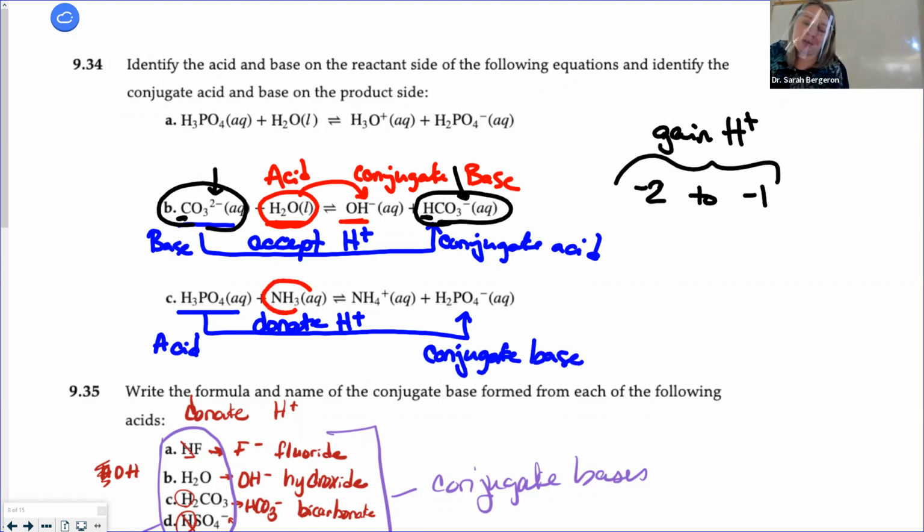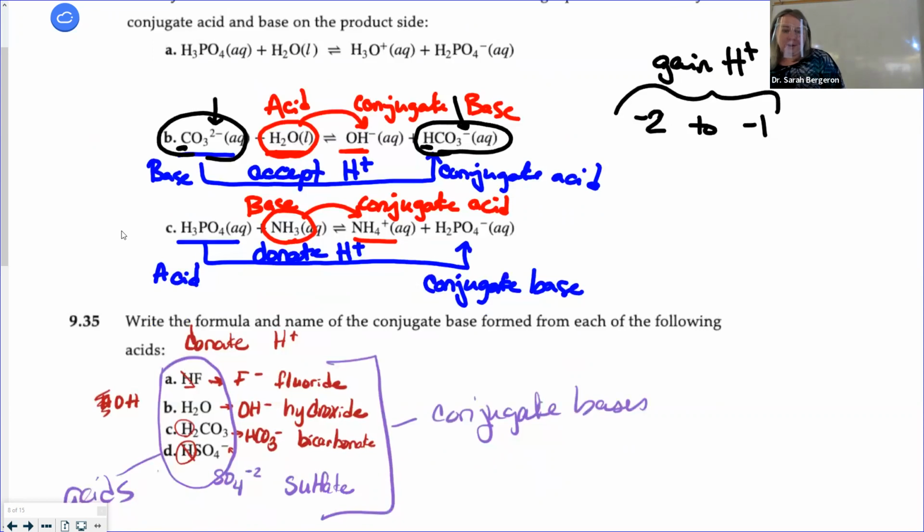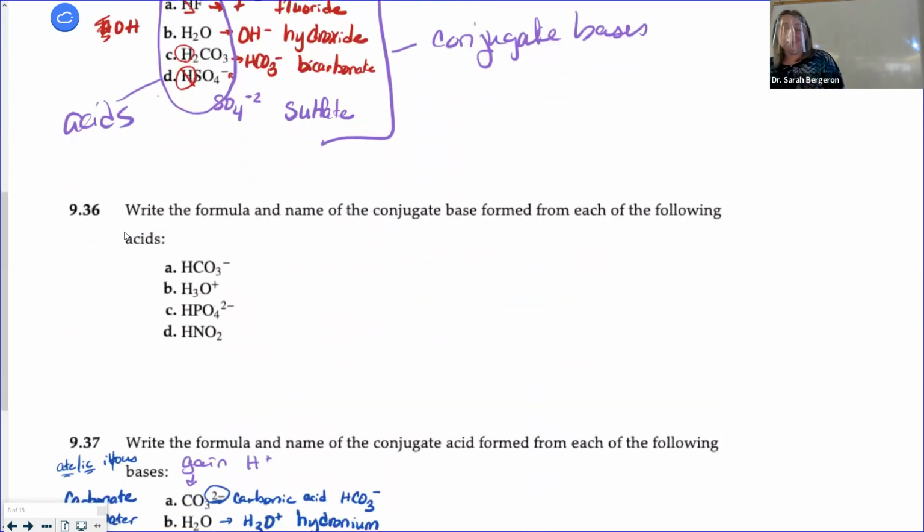So what does that make NH3? Remember we said NH3 is a base. It's a weak base, but it's still a base. So then NH4 plus is the conjugate acid. And look and evaluate, when we go from base to conjugate acid, do we in fact gain a hydrogen atom and a positive charge? Yes. When we go from H3PO4 to H2PO4 minus, we lose a hydrogen and we lose a positive charge. Okay. All right. So that's really important for this, right?